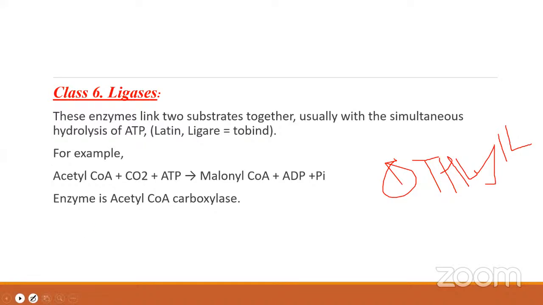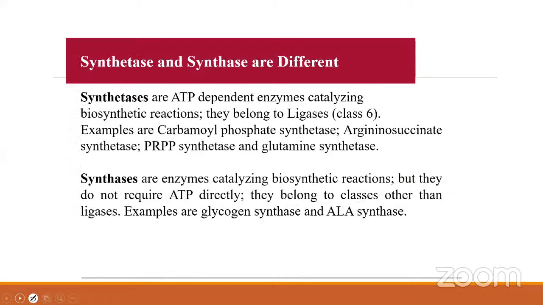So I said ligases require ATP. You will be hearing a lot of names of enzymes. Some enzymes will end as synthetases, and some will end as synthases. So what is the difference between synthetase and synthase? Synthetases require ATP, and they belong to the class ligases.